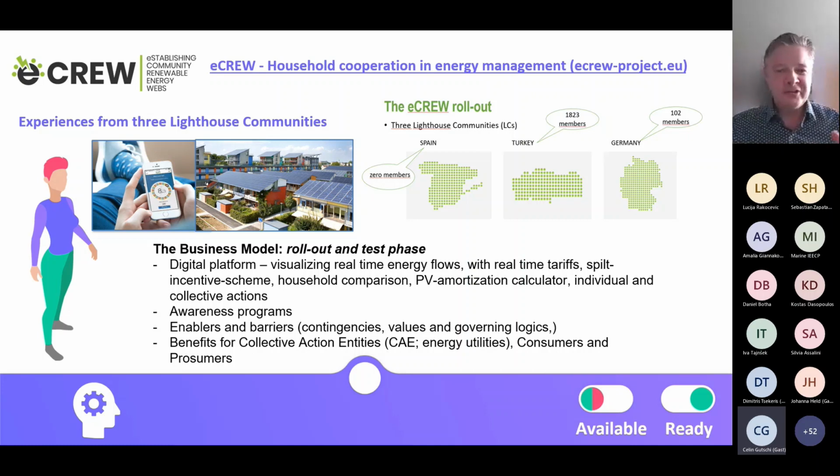And implementing and starting these crews, rolling out this digital platform and this business model has shown us what works and what doesn't work in a sense. So legal barriers actually have been pretty much bypassed by the business model itself, because we work with the energy utility or the energy retailer together, and in that aspect all the community members that join an eCREW automatically are legalized, so to speak, to share energy.